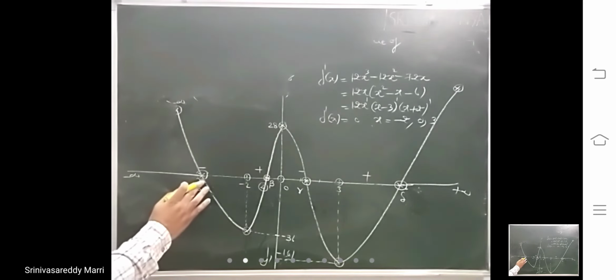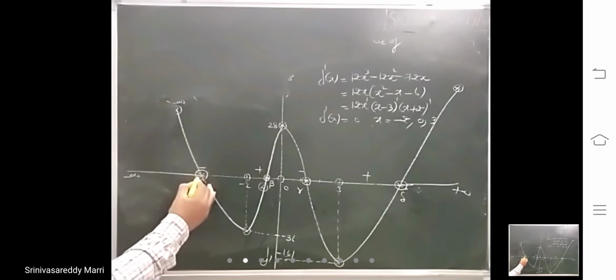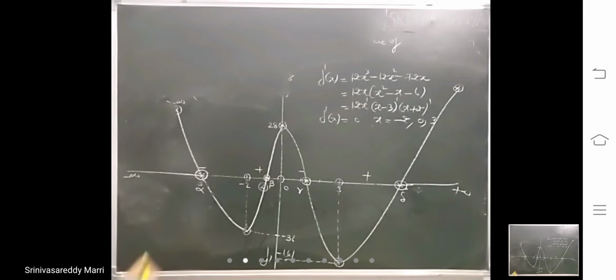If you want to find step of alpha, you have to find between which integer and which integer alpha lies.